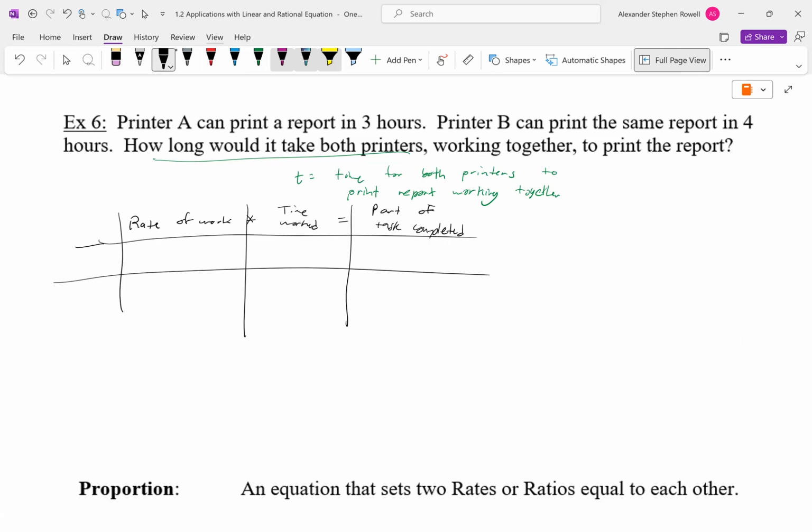Okay, so we'll say we have printer A and printer B. So if printer A can do the entire thing in 3 hours, what's its rate?